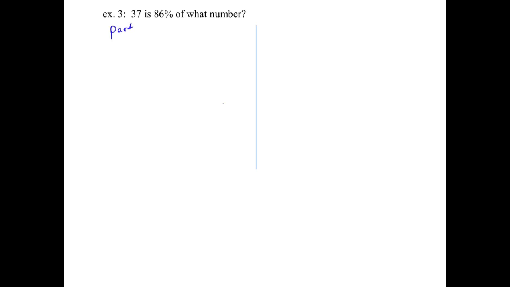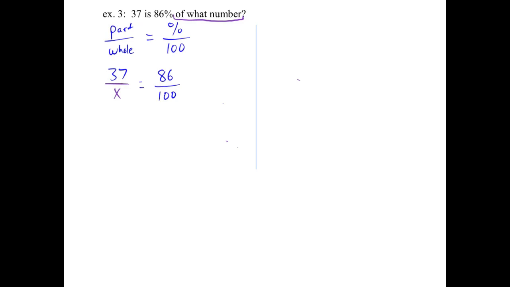So part divided by whole equals percent divided by 100. And sure enough, it's saying of what number? So we're trying to find that whole, the thing that's paired with that word of. 37 is, so 37 goes in for the numerator up there on top, equals the percent, so 86 over 100.